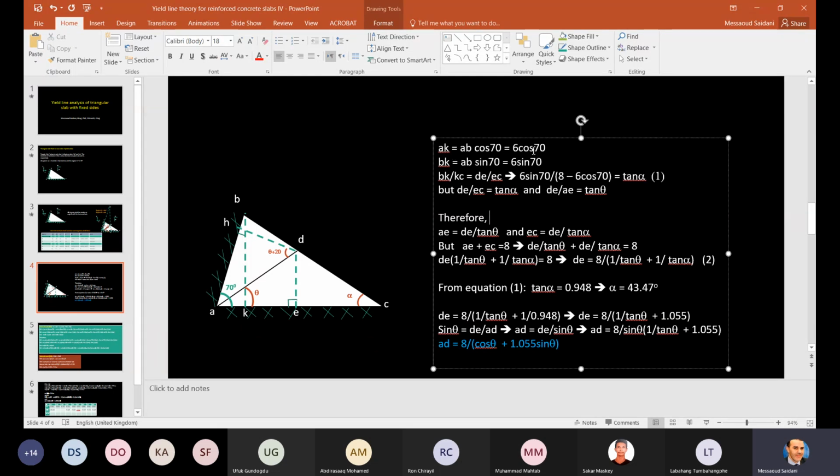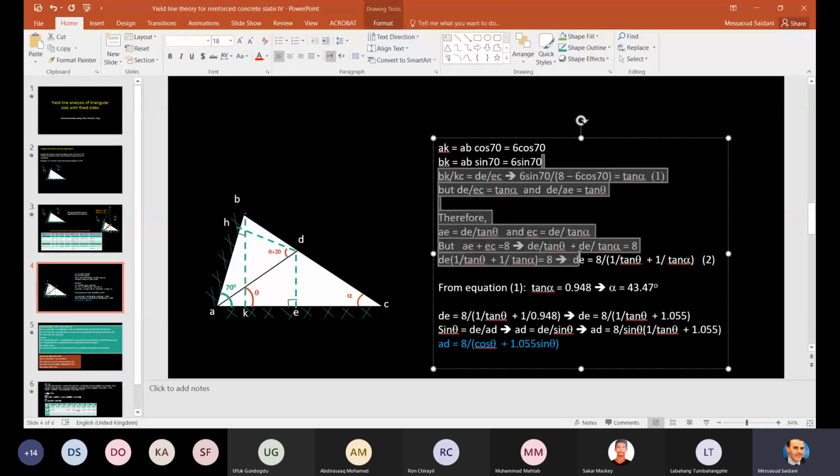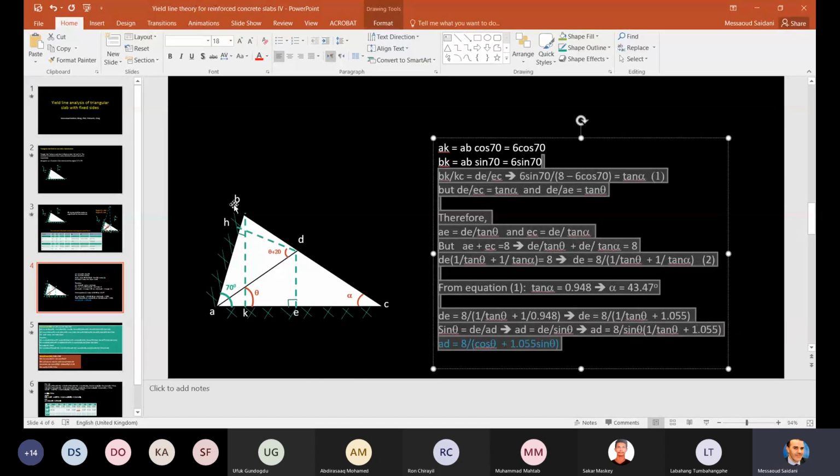So BK over AK will give me here, can you see that? BK over AK is equal to DE over AE, using similar triangles. I don't want to waste too much time here. Please go through it on your own. It's all from simple geometry.